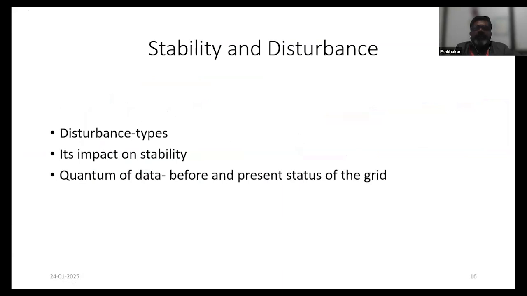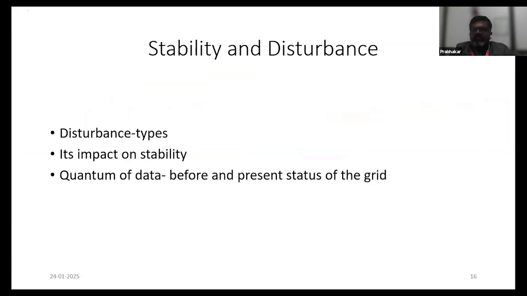Yes. This is one thing we should remember: when we study the power system, stability and disturbance play a key role in understanding the nature of the power system. When we say disturbance, most people think that only a fault or electromechanical oscillations in the turbine shafts are disturbances.